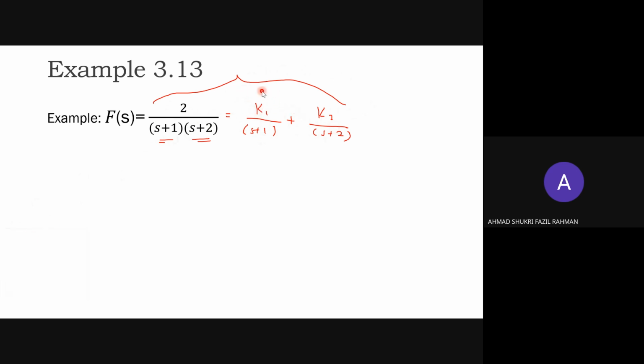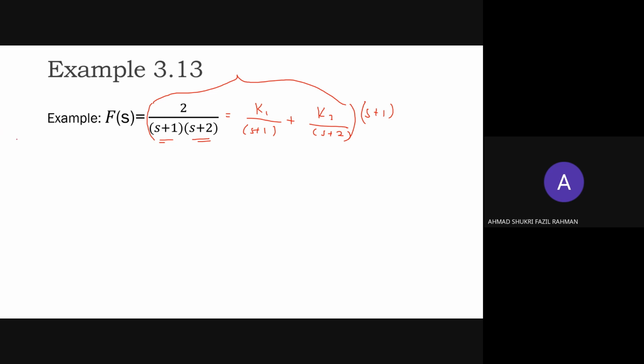K1. In order to find K1, we need to multiply the whole equation, the whole term, since we want to find K1, by S plus 1. So we multiply the whole equation by S plus 1 because we want to solve for K1.